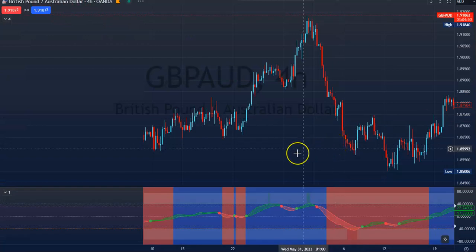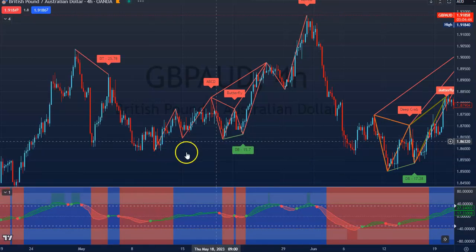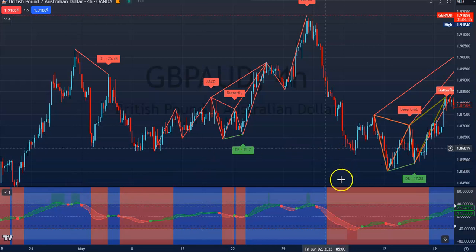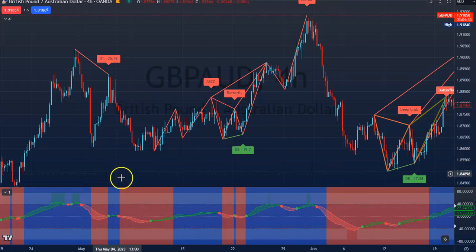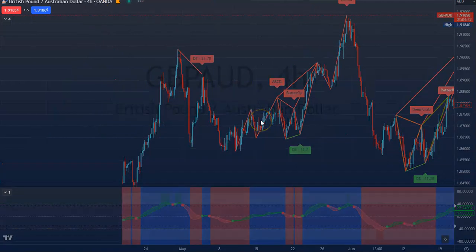Trying to find an example of where I found... that's a hunchback. It's just sniper entries are not common. Let me go down here to find it.